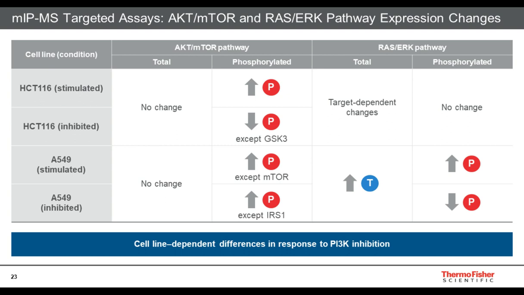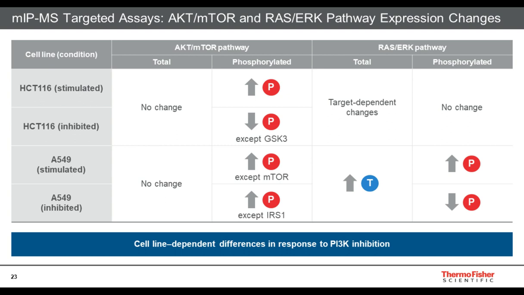When we look at the total RAS and ERK pathway, the proteins showed an increase in expression in both cancer cell lines. In the phosphorylated forms of the RAS and ERK pathway targets, we didn't see any change in the HCT116 cell line, but on the other side, we are seeing downregulation in A549 after the drug inhibition.